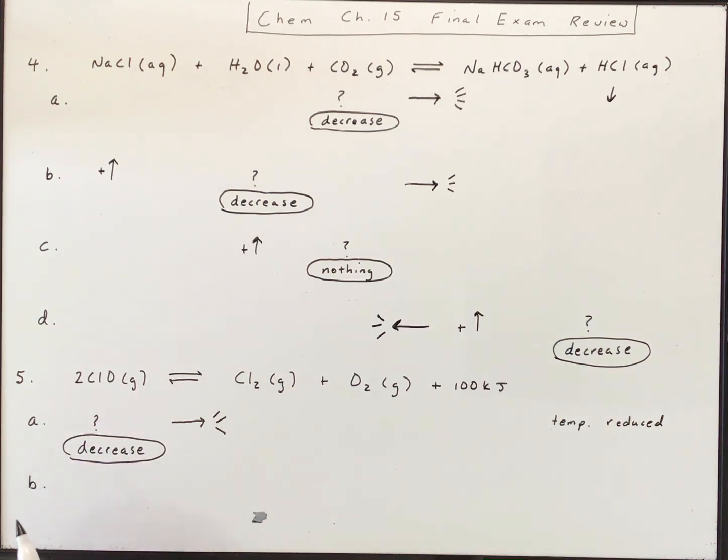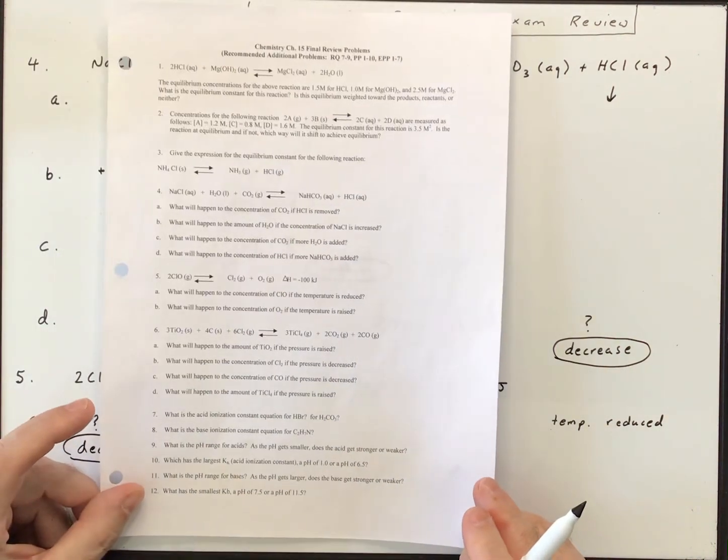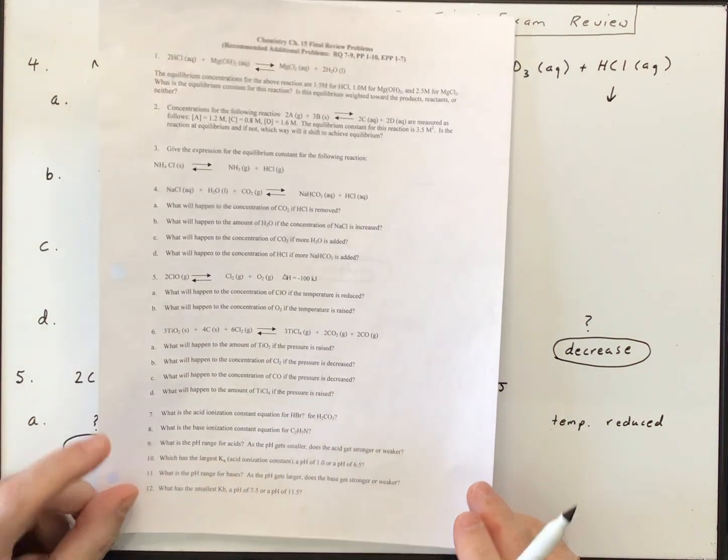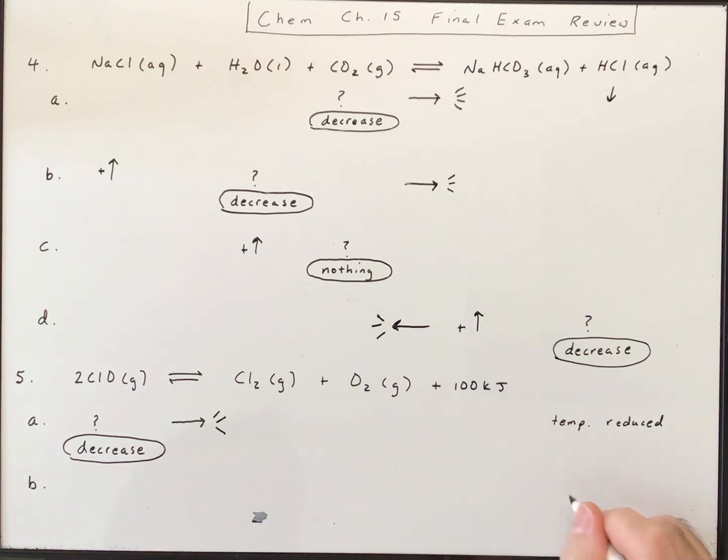All right, part B says, what will happen to the concentration of O2 if the temperature is raised? Okay, so the temperature is raised. We want to know what will happen to O2, so let's put a question mark there. If the temperature is raised, the reaction will shift away from the side with the energy.